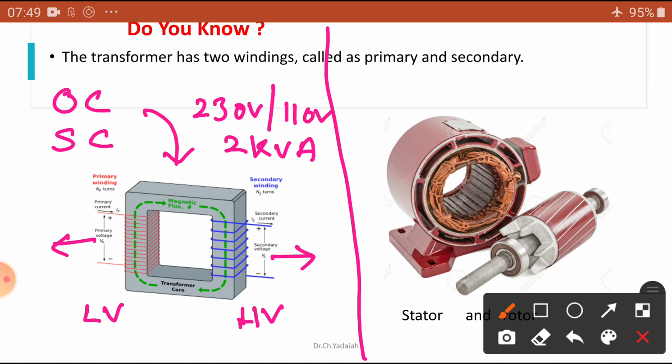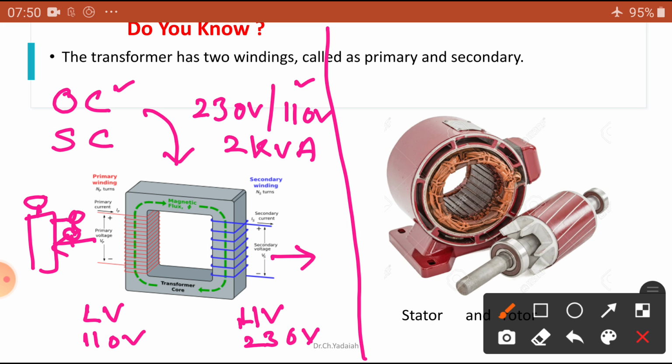Okay. So, what is the LV? 110 volts, here 110 volts, and this side is 230 volts. Now, what happens in the OC test? We have the single phase variac here, and ammeters, voltmeters and wattmeters are connected to the primary side.